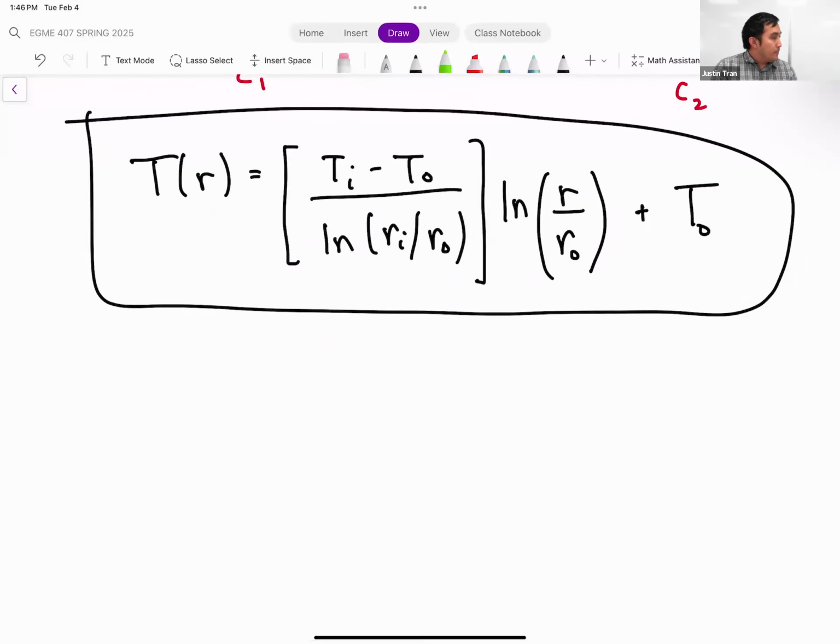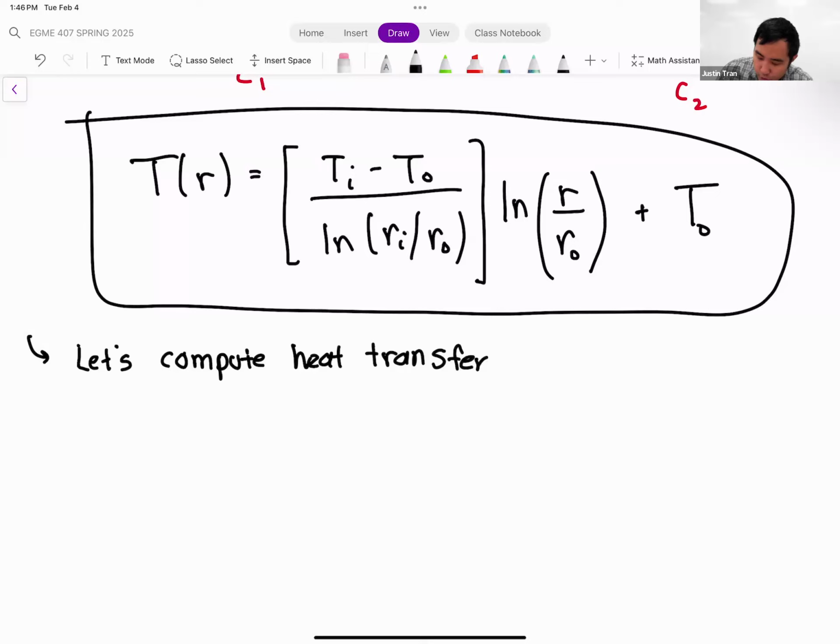Okay, good. Before we do our next example with the heat equation, I do want to take a moment to plug this into Fourier's law. Now that we have one solution for the temperature distribution, we can use it to compute the heat transfer rate.